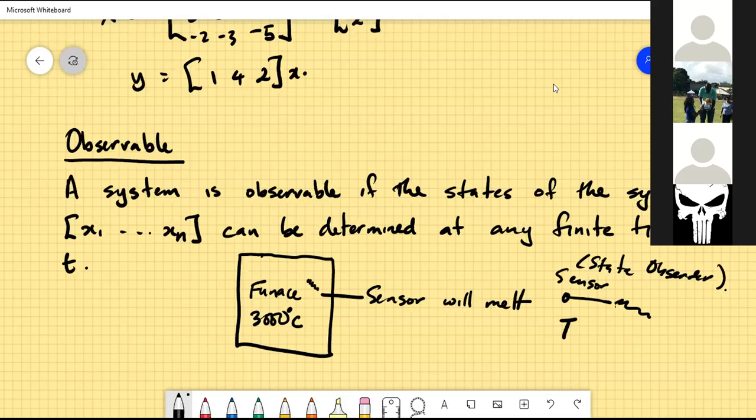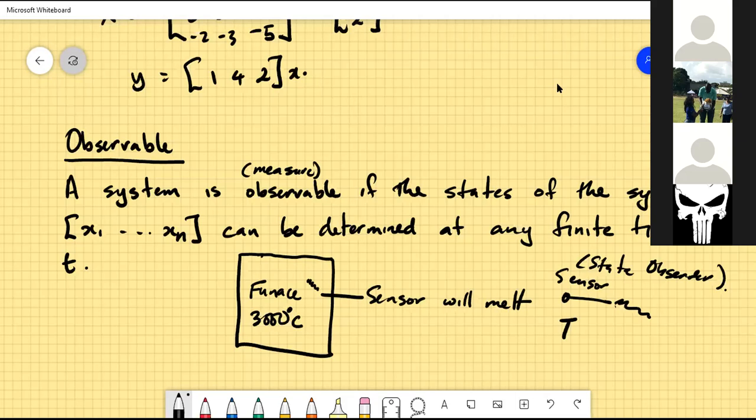But this is one system in which, like I said, if you cannot observe a state, if you cannot measure a state, and I put measure up here because we are talking about measurement, then you cannot make your calculations because your output is dependent on your states.